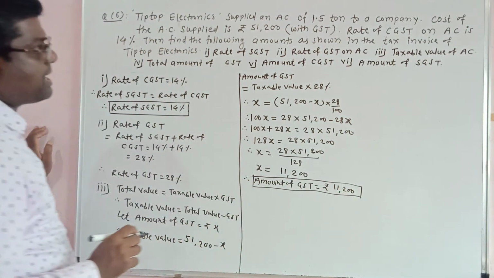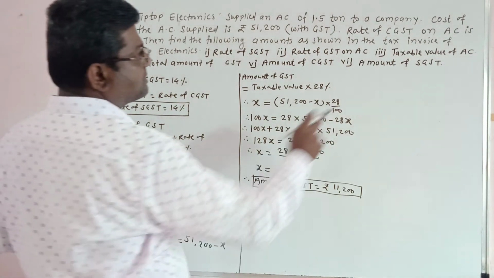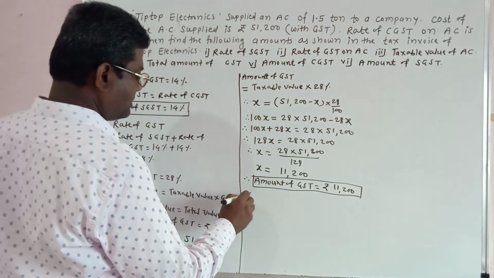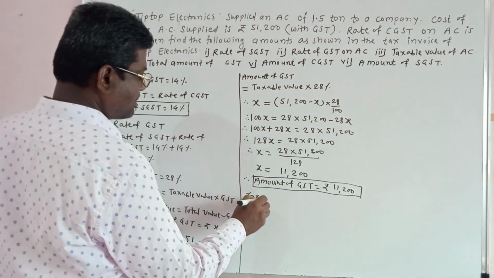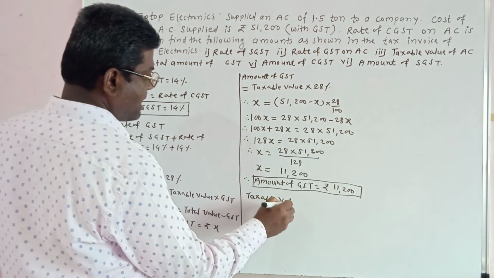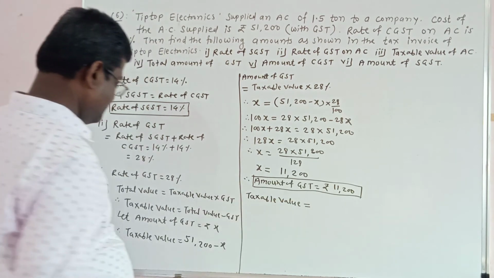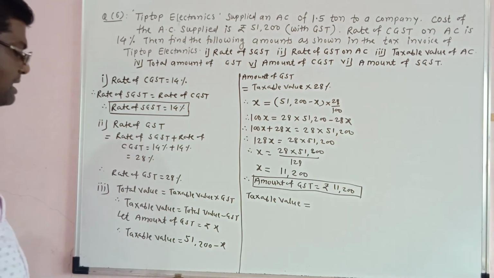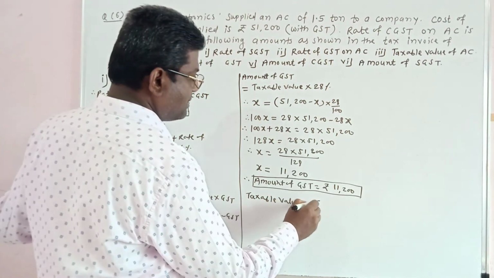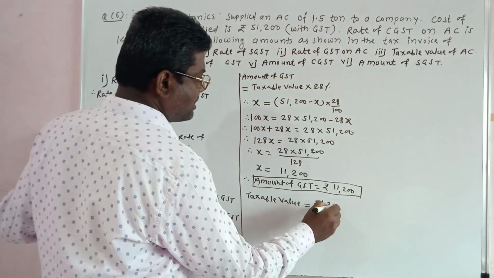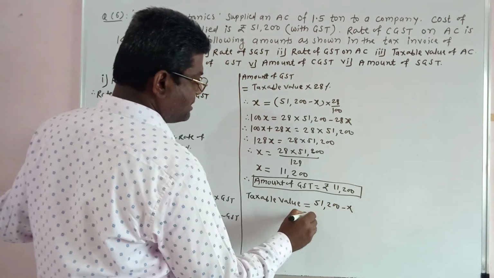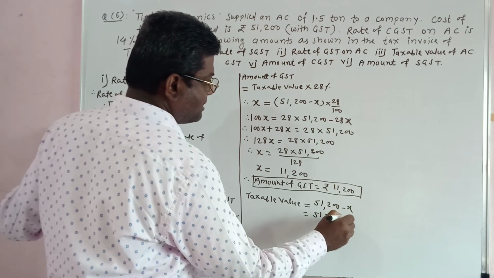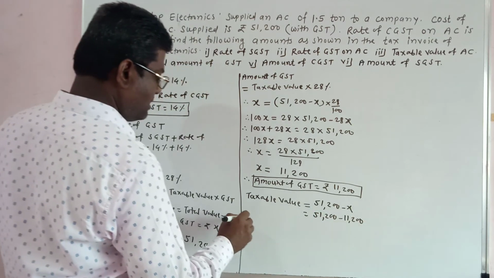Now we have to find number 3, taxable value. So taxable value is equal to 51,200 minus x, which is 51,200 minus 11,200.